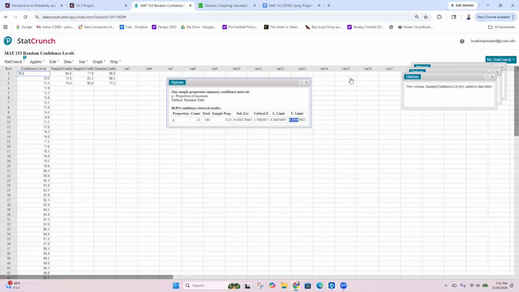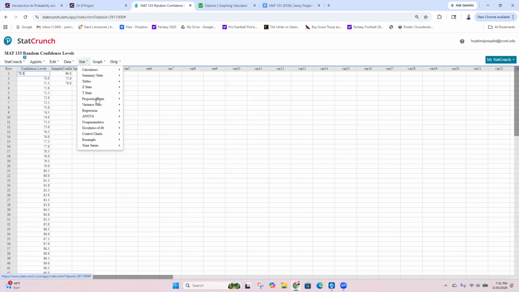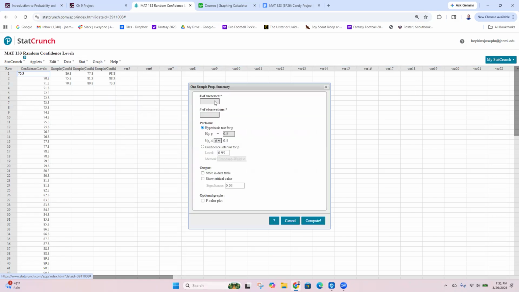The number of successes is my x. I had 54 green, and 238 Skittles altogether.